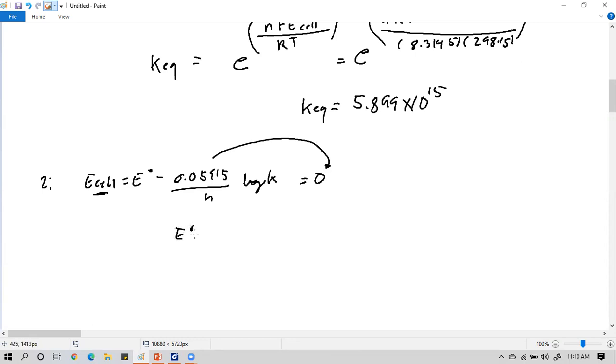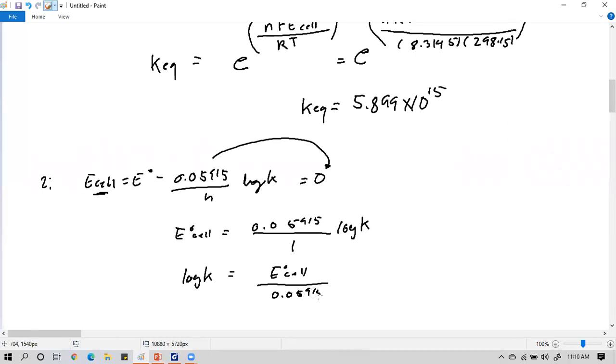You will generate E naught cell is equals to 0.05915 all over 1, kasi 1 electron lang, and then log K. And then further isolation, log K is equals to the E naught cell all over 0.05915.